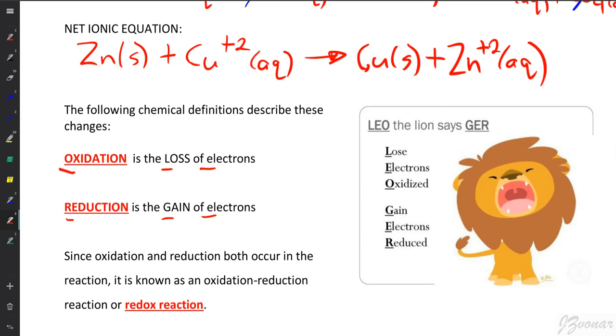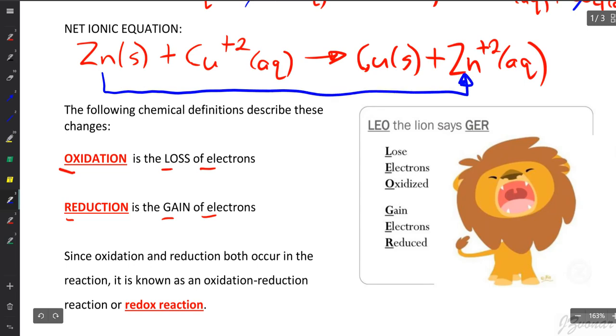So what actually is taking place here? We see here that the zinc has gone from its elemental form. When it's in its elemental form, it's going to have a charge of 0. It's neutral. And over here on the product side, we see that zinc is now an ion with a charge of +2. Hence, it has lost 2 electrons.